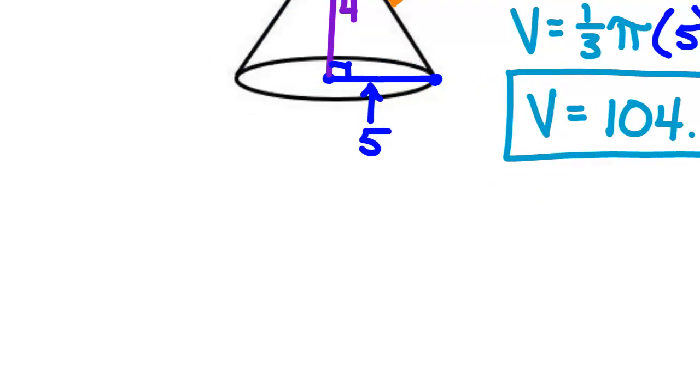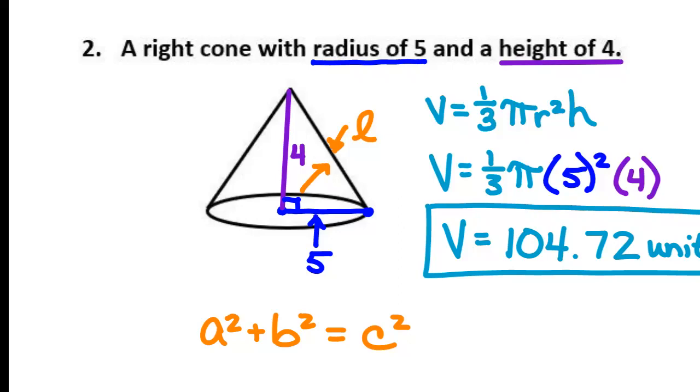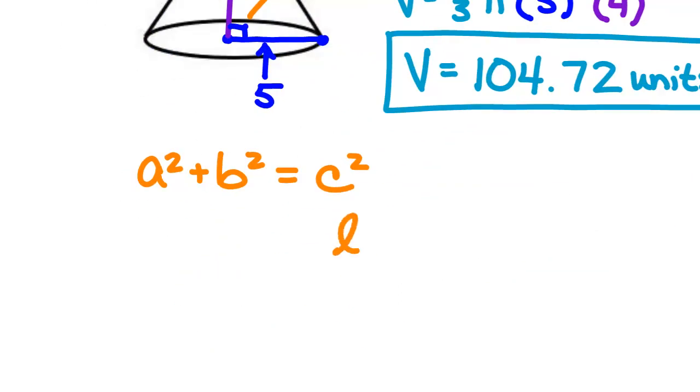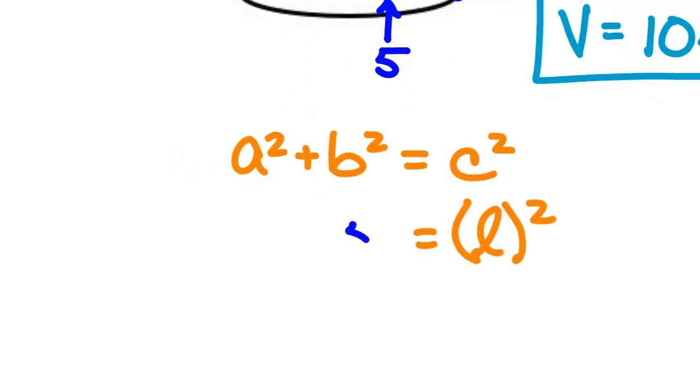So Pythagorean theorem, a squared plus b squared equals c squared. My slant height is my hypotenuse because it is opposite that right angle, so slant height squared goes in for c. In for a and for b, we put 5 and 4. Doesn't matter which one goes where, so I have 4 squared plus 5 squared equals slant height squared.